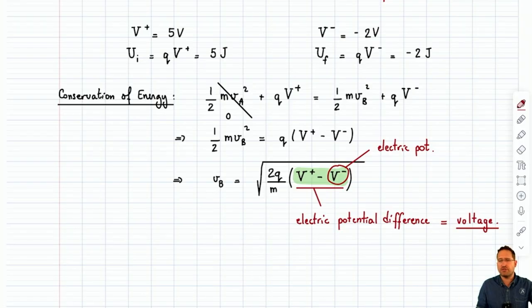But then we'll also call it voltage, whereas we should say electric potential, whatever. It's very loosey-goosey, however it comes out is what we're going to use. But if we want to be very specific, we would discriminate between V, which is electric potential, and V plus minus V minus, which is a difference in electric potential, and that's a voltage.